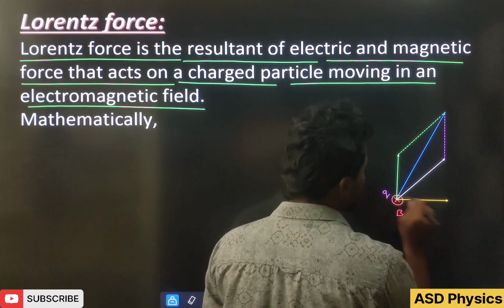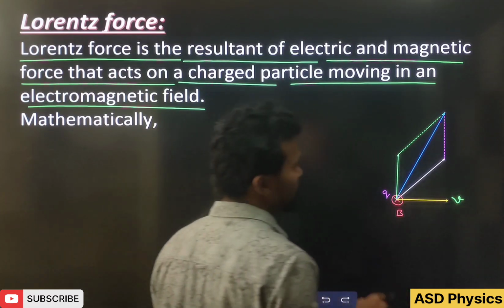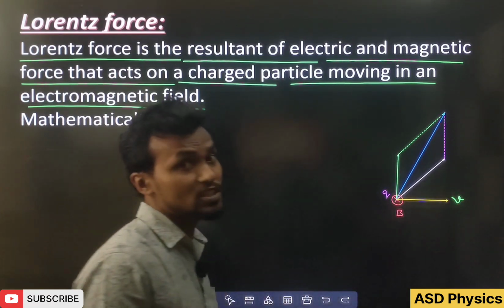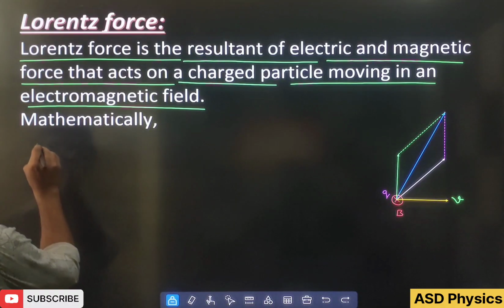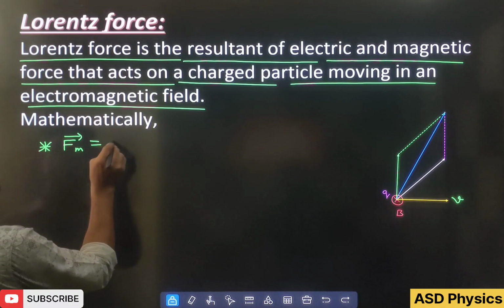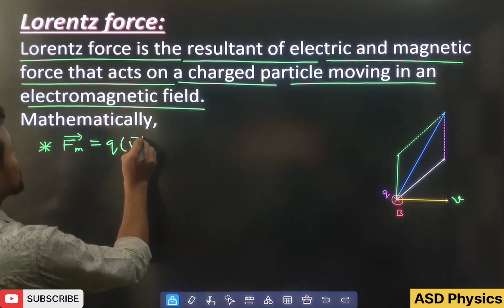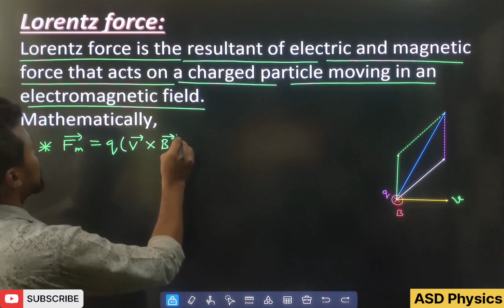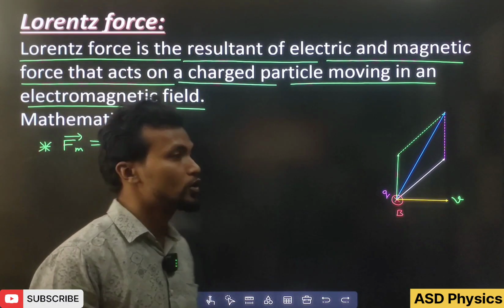After that, the charged particle Q is moving with velocity v along which direction? X direction. Basically I have taken the positive charged particle. It will experience the force Q times V cross B. Fm equals Q V cross B.